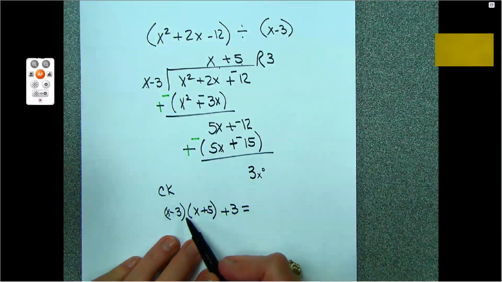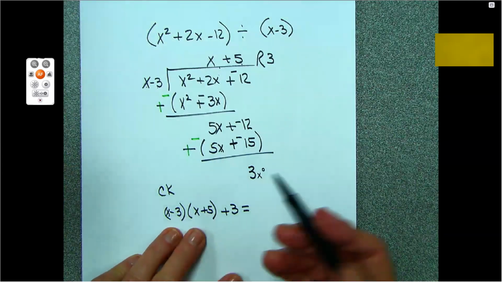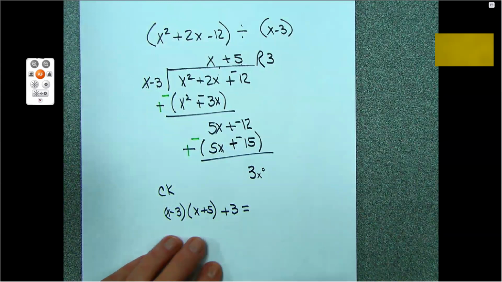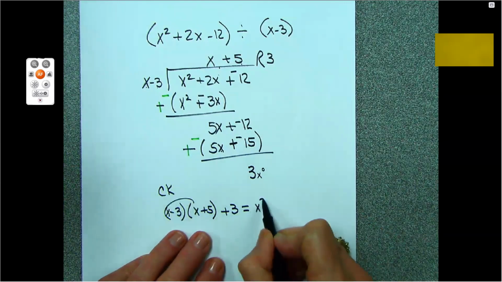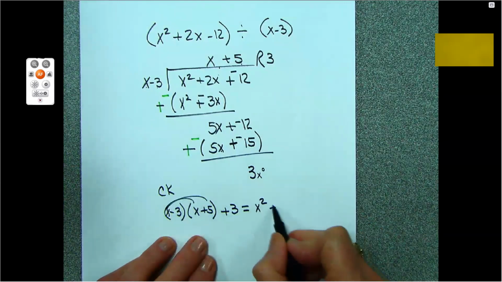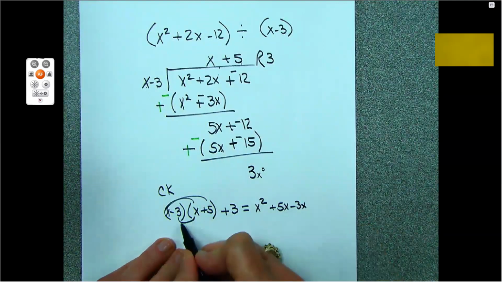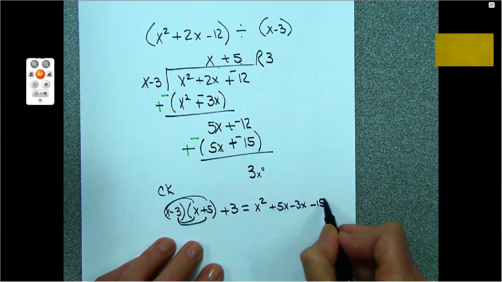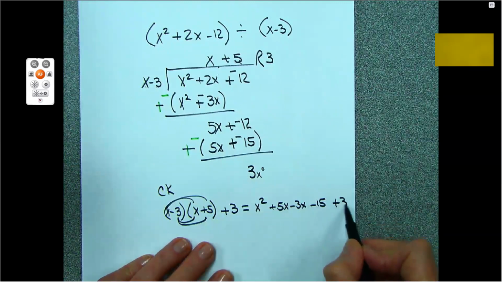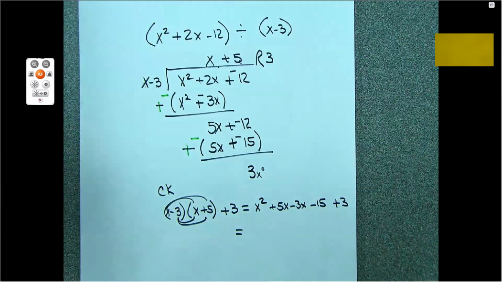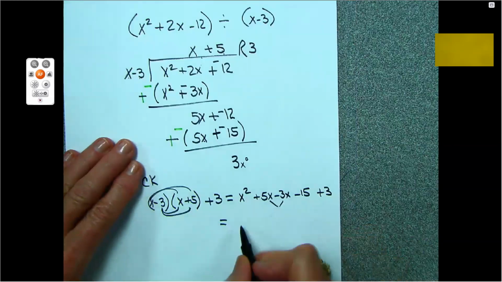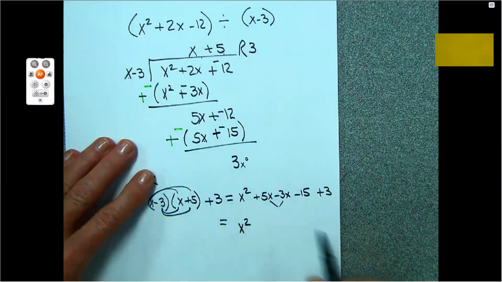This is FOIL. The first 2 terms are the same, but the last 2 are different, so we'll have to use FOIL. That's x squared plus 5x. Inner terms, negative 3x. My last terms are negative 15, but I got a little bit left over there, plus 3. We expect we can collect like terms when we use FOIL.